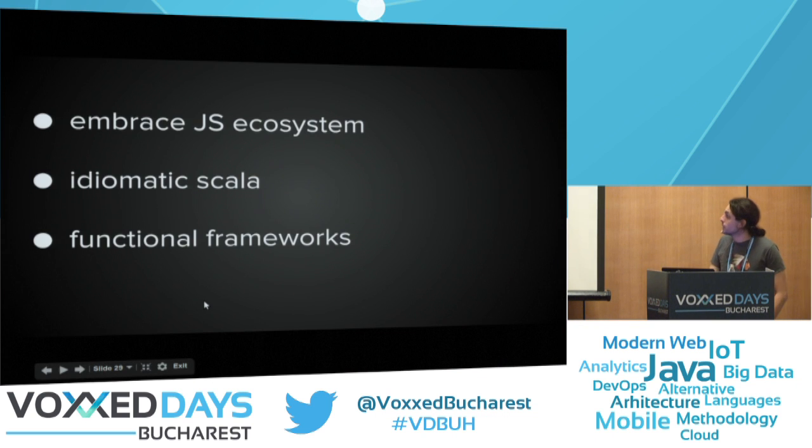So, where are we? In fact, with our journey with Scala.js, we've gone pretty far. We can embrace the JS ecosystem, its libraries, but we can also write idiomatic Scala code with Scala libraries and so on. And with the help of JavaScript functional frameworks, we can build our application also in a nice functional composable way.